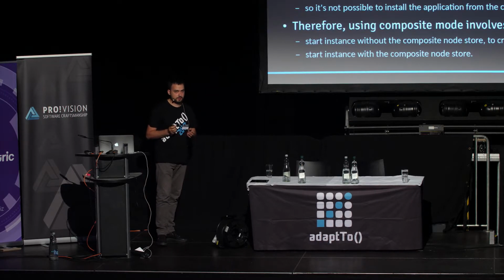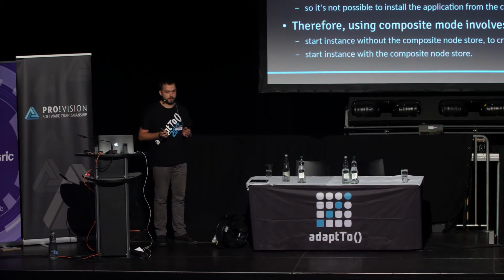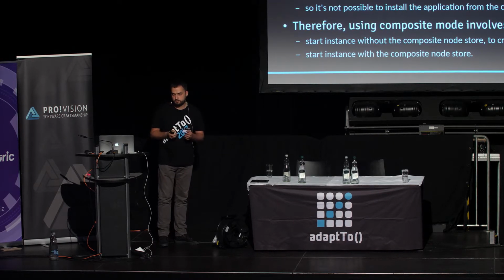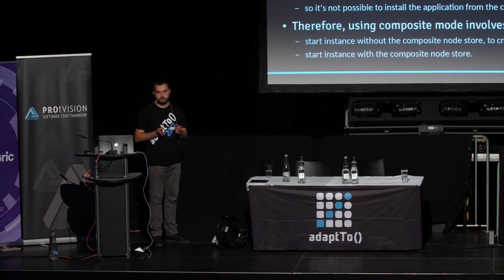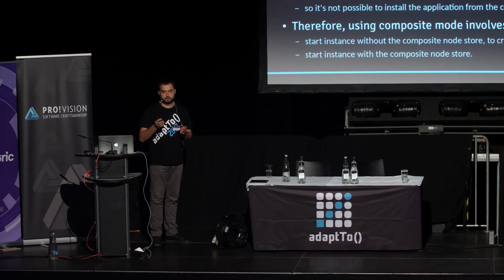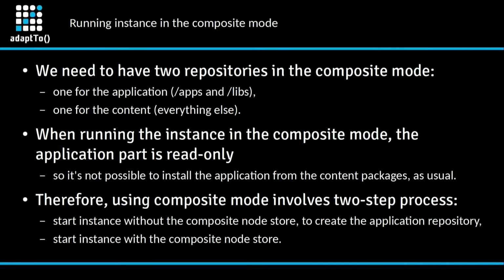So because of that, we need to split this process of deployment for composite AEM into two parts. In the first part, we don't use Composite Node Store at all, and this stage is only used to create our repository, which will be used later on.